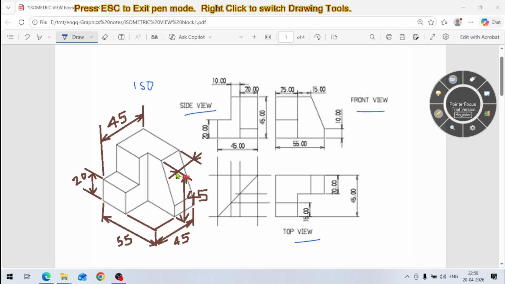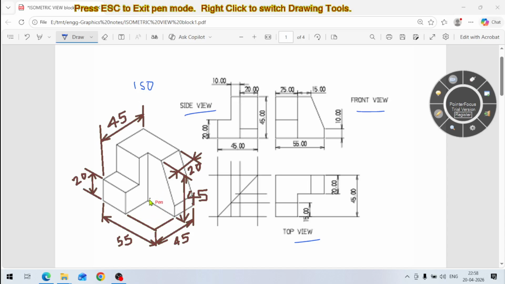So how much is this distance? It is 20 mm. So it is 20. This distance is 20.